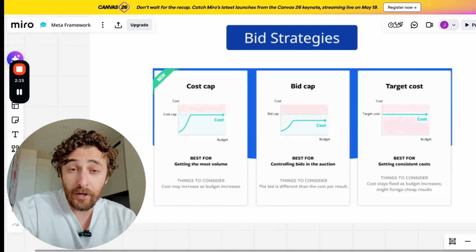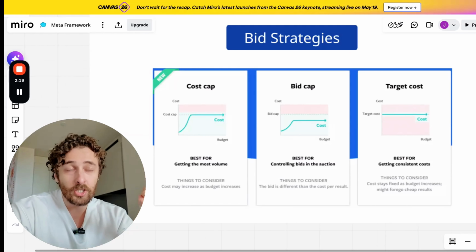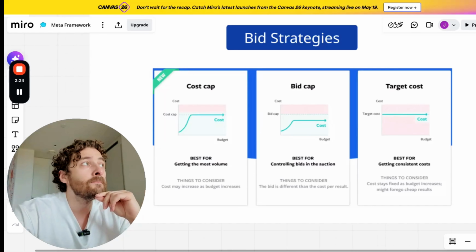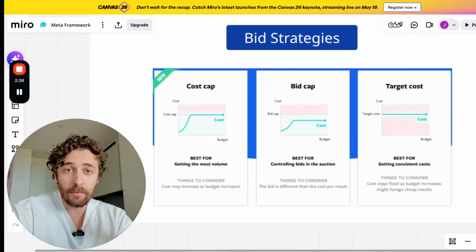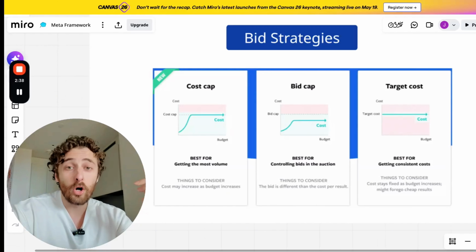So it's very interesting. But if you use a pure cost cap strategy, what can happen, doesn't always happen, but what can happen is that it's not going to spend because there is no way to get that result. And that typically is because your ads are not good enough, or your cost is too low.